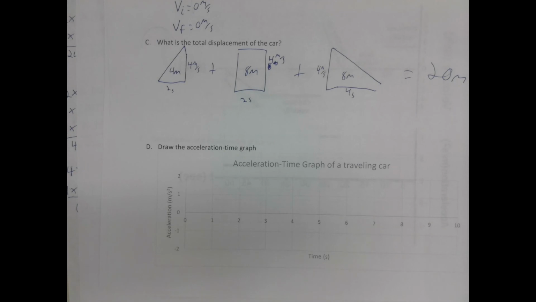So how would the acceleration time graph look? Are you writing in pen? I'd write in pencil, because I want to see you do it first, and then in case you're wrong.